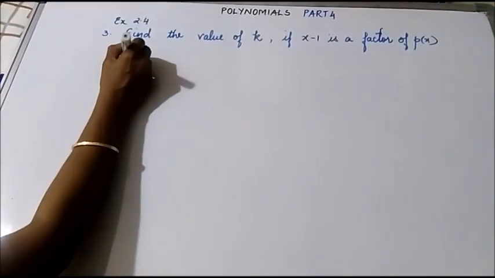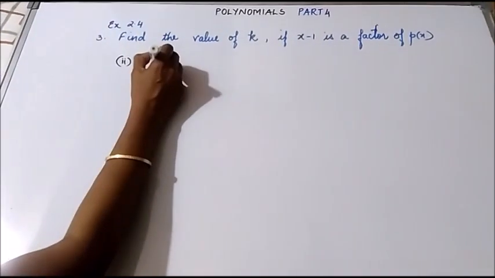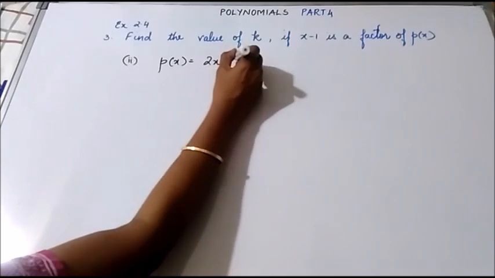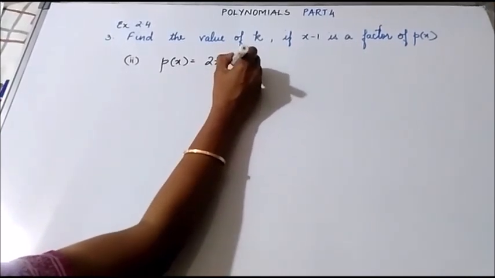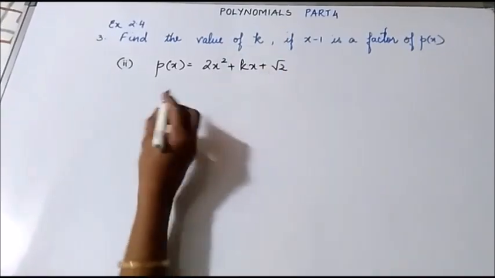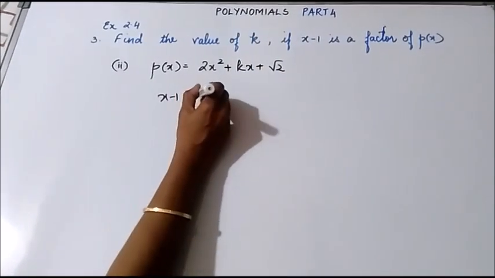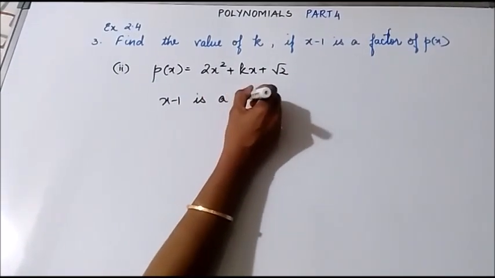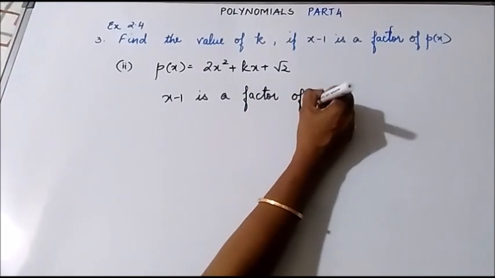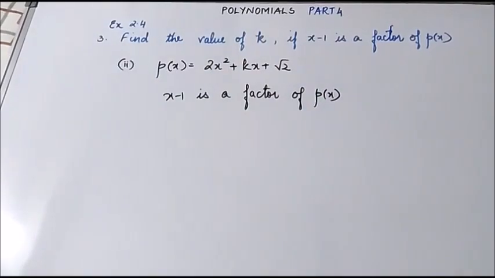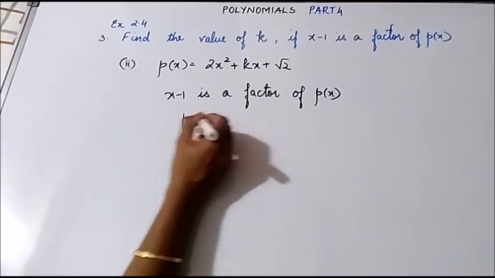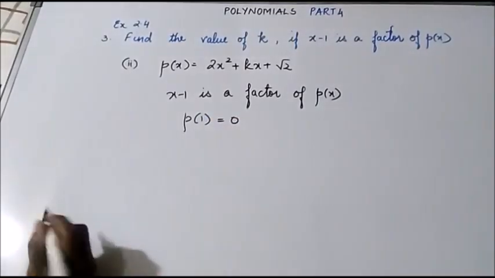Now let us do the second one. In this the polynomial is given 2x square plus kx plus root 2. Now since x minus 1 is a factor of p of x, the remainder will be equal to 0. Here it is x minus 1, therefore the remainder will be p of 1, that is equal to 0.